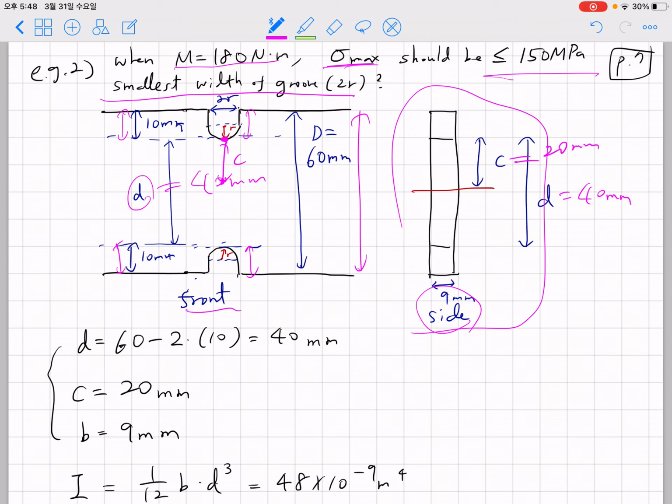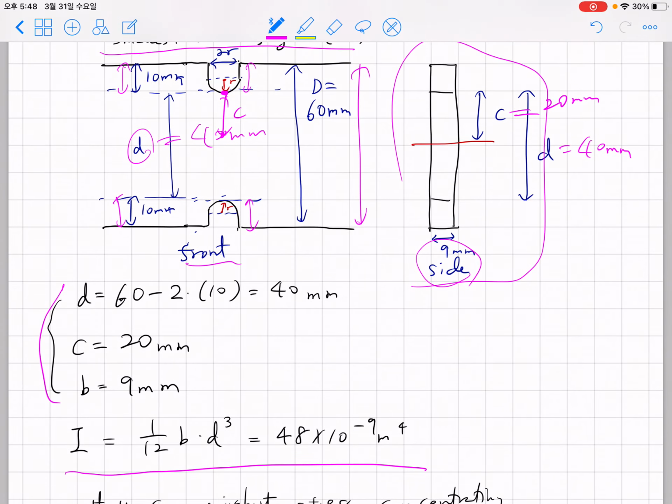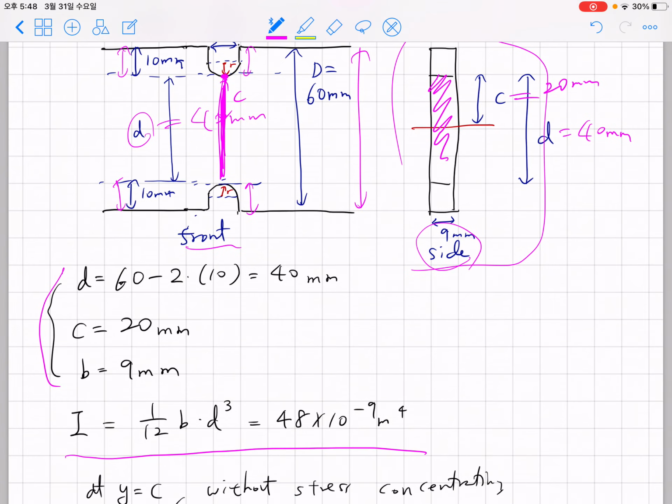So given this geometrical information and given this moment M, we can try to obtain the maximum stress using the stress concentration consideration. We have to obtain I in this small width section, and I turns out to be 48 times 10 to the negative 9th power in SI units.